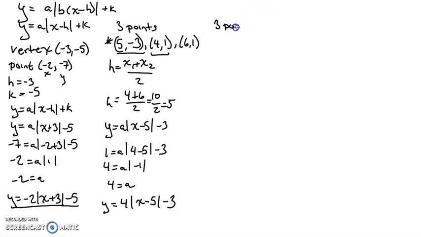We have 3 points, and this time the 3 points that we have are (0, -5), (5, 5), and (8, 3). Now, they have no common y values, and we aren't told that any of them is a vertex. So the first thing that I think to do is plot these points and just use a little sketch.